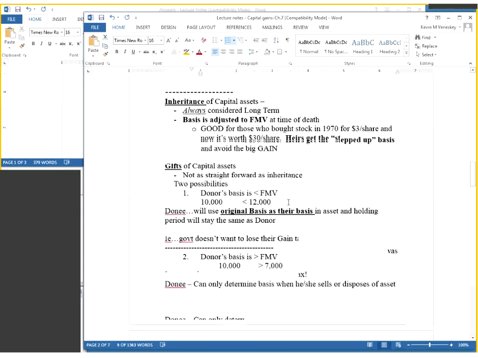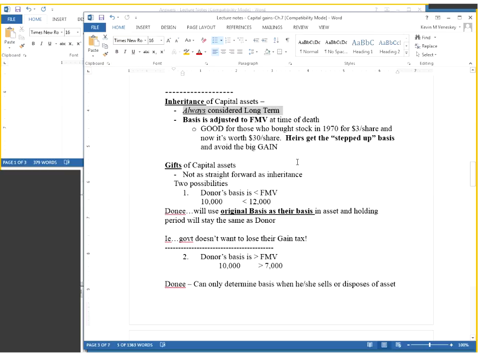Okay, switch gears just a little bit. We're going to talk about gifts and inheritances, and then turning around and selling them later for a possible gain or loss. Inheritances for tax purposes have a really good deal in that whenever you sell something that you inherited from an ancestor of yours that's passed away, it's considered long-term even if it isn't long-term.